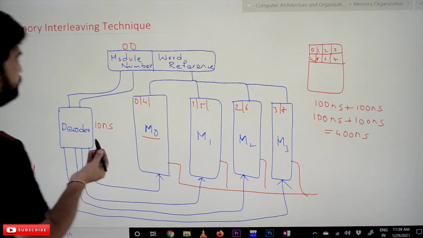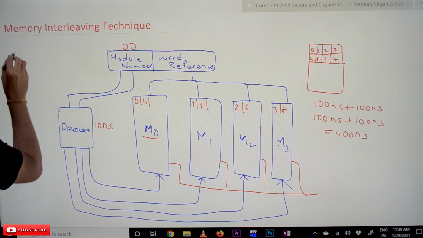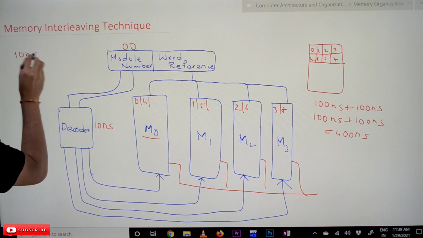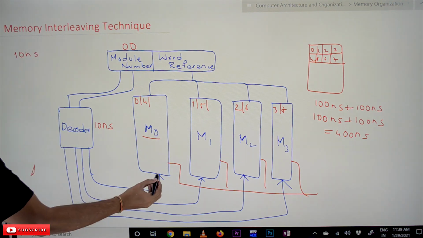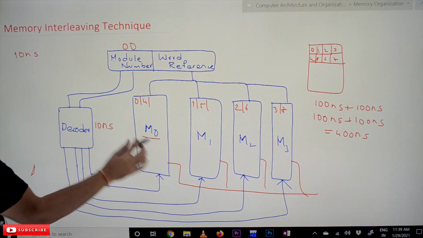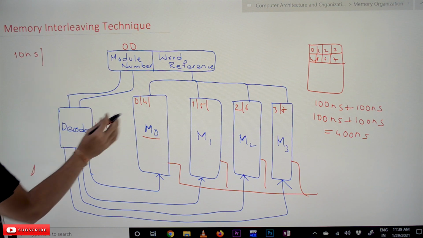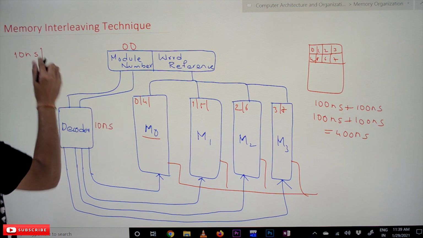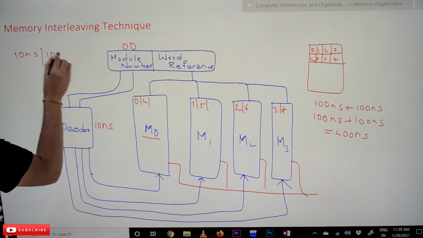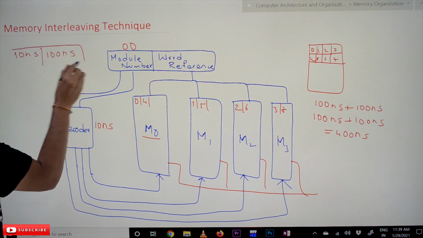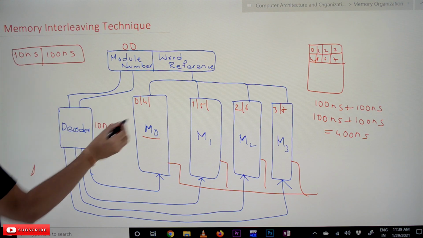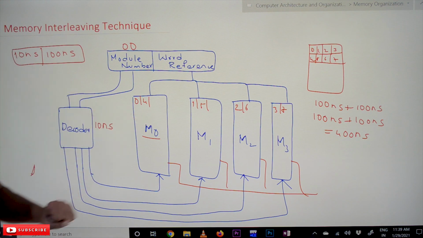So how is it working? The decoder is taking 10 nanoseconds for identifying the module, and after that, in order to select a word, it is taking 100 nanoseconds. This is how one word from the 0th module will get selected.